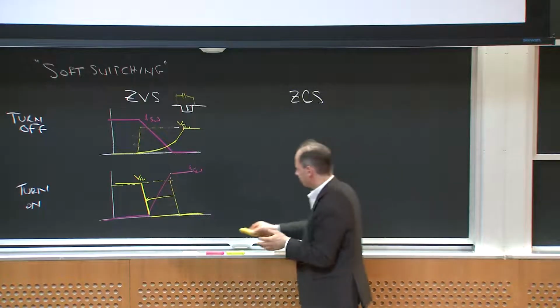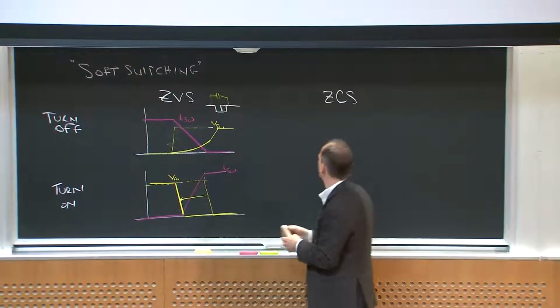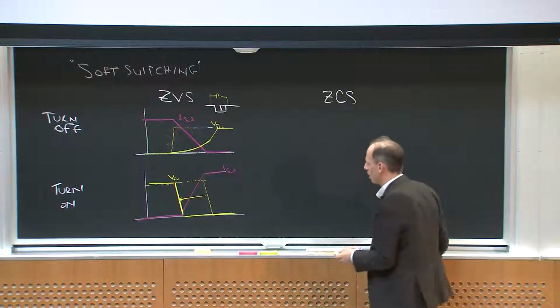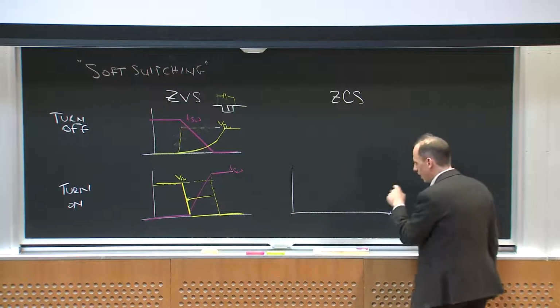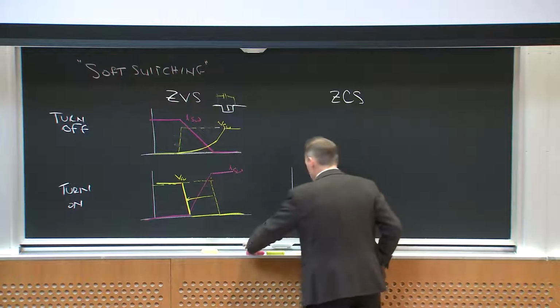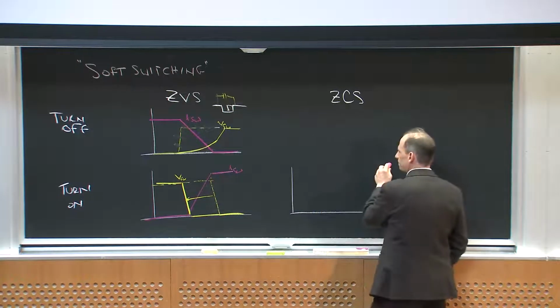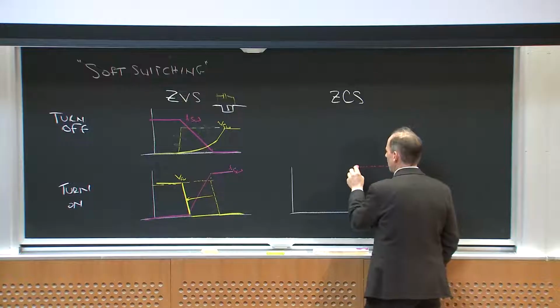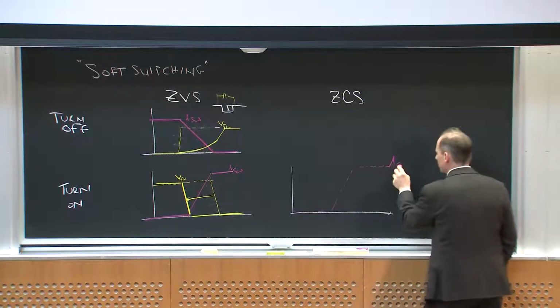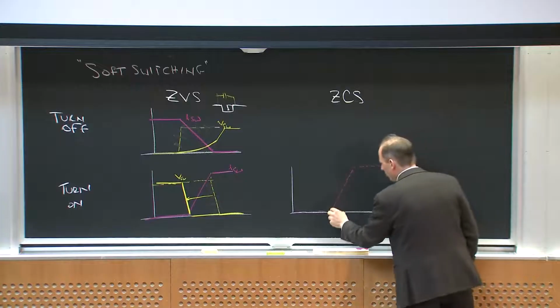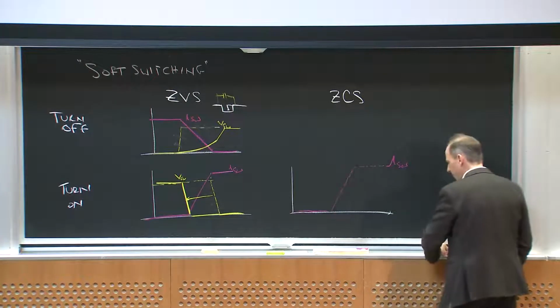So, what would a zero current turn on look like? Well, for turn on, usually what happens is I have my switch current, and it's rising because this is turn on, so here's I switch. This current is going to go from 0, and then I'm going to turn it on, and it's going to be something.